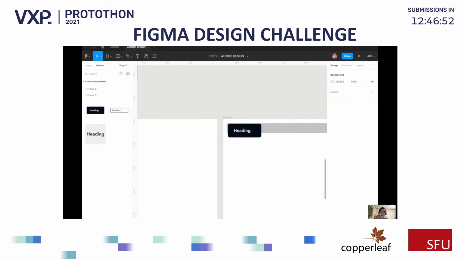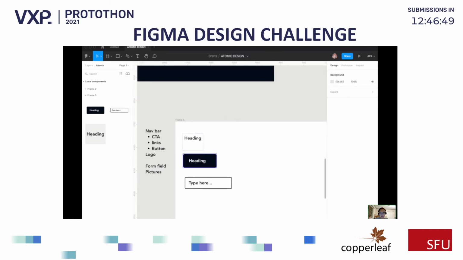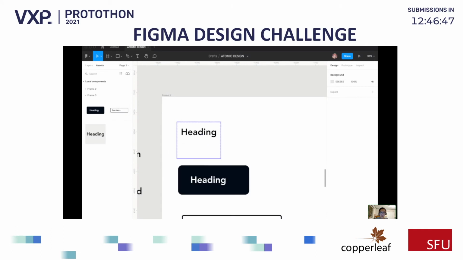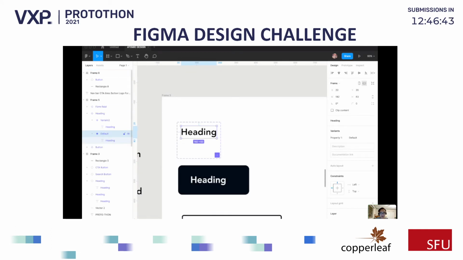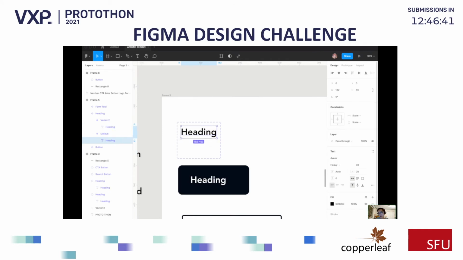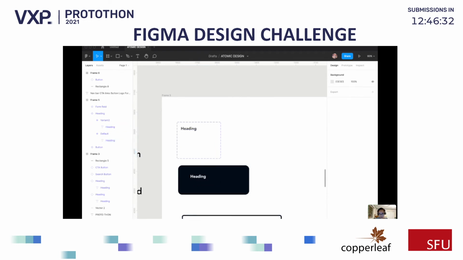The beauty about these components is that I'm able to adjust them. So let's say I go into heading, and I realize my heading is 46 pixels, and that's a bit too big for me. Let's say I reduce it down to 20. Now you can see that when I reduce it down, all those changes reflect right away inside the component, which is super handy when you're designing systems at scale.